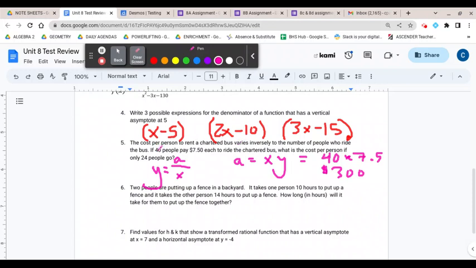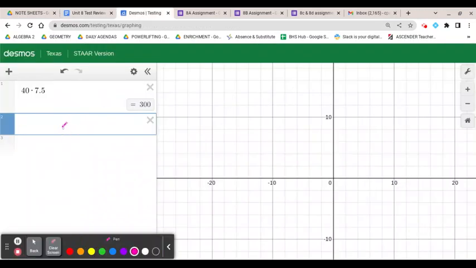Okay, so if 40 people go, all they've got to pitch in is $7.50 a person, because the whole bus costs $300. So what's the cost per person if only 24 people go? Well, the whole bus still costs $300, so we've got to divide that by 24, and we're going to find out how much each person has to pay if 24 people go.